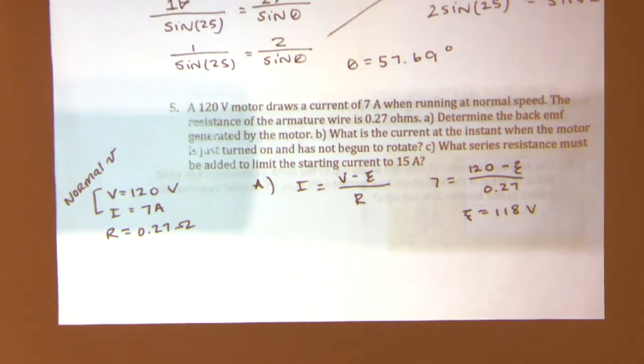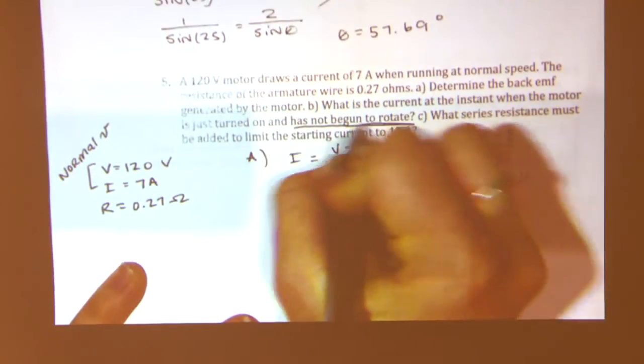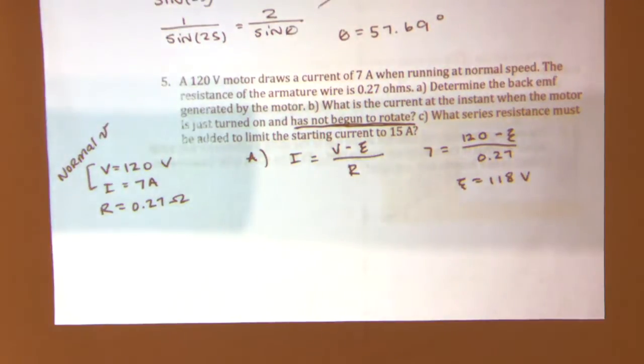Okay. So the second part of the question, B, what is the current at the instant when the motor is just turned on and has not begun to rotate? That phrase, has not begun to rotate, should tell you that since this motor has not begun to rotate, that's what's generating the back EMF.